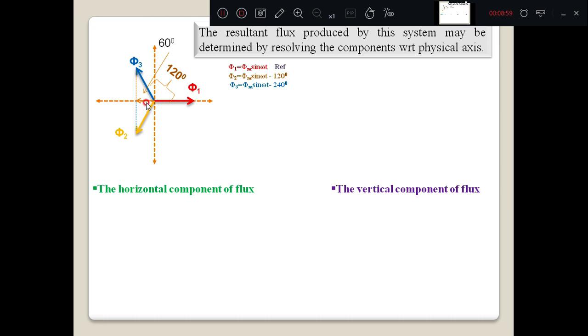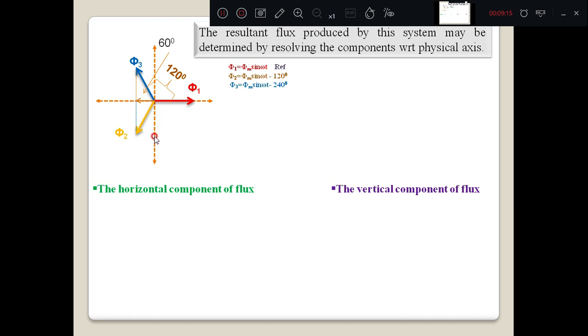This angle is 60 degrees, therefore I am applying the cos function here. Then I also resolve the x component of phi 3.